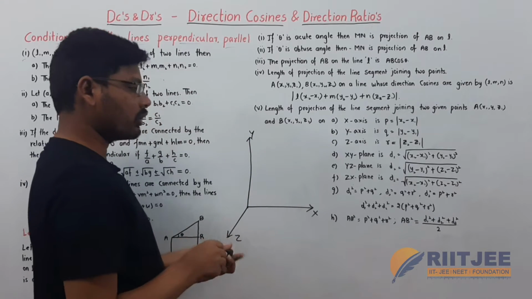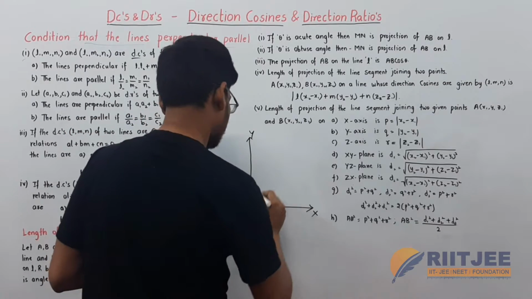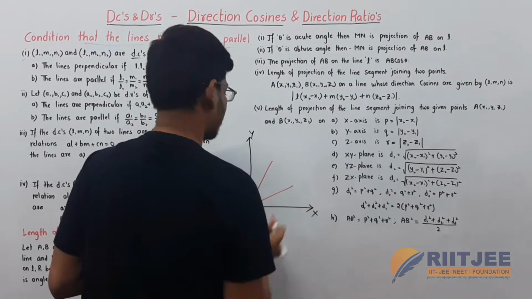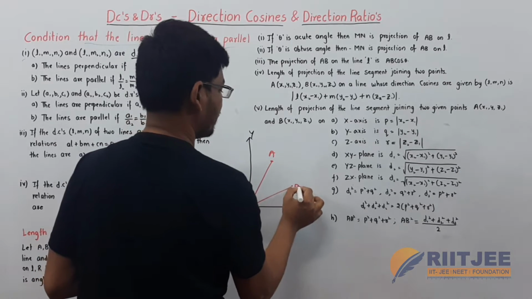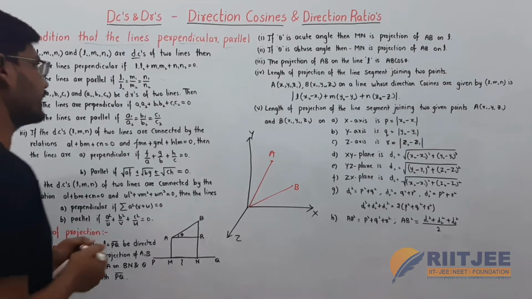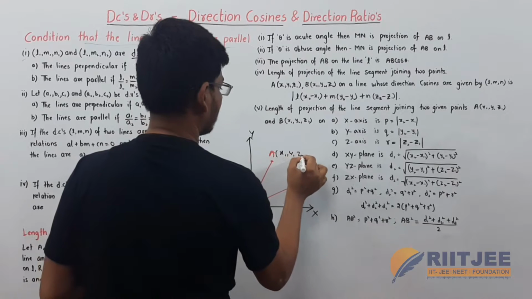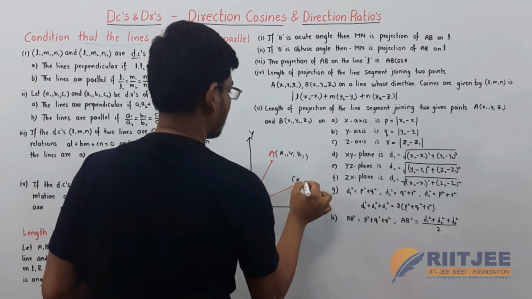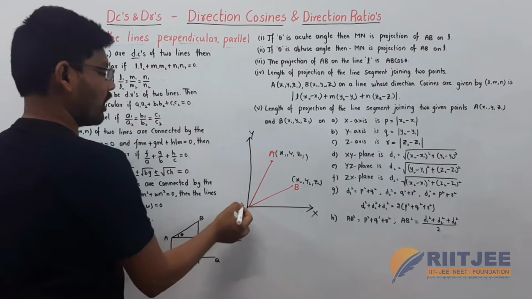In this 3D coordinate system I am taking two lines. This is one line and this is one more line. So this is point A and this is point B. Two lines are there here.